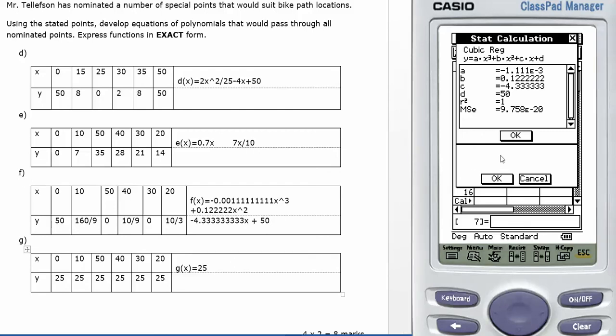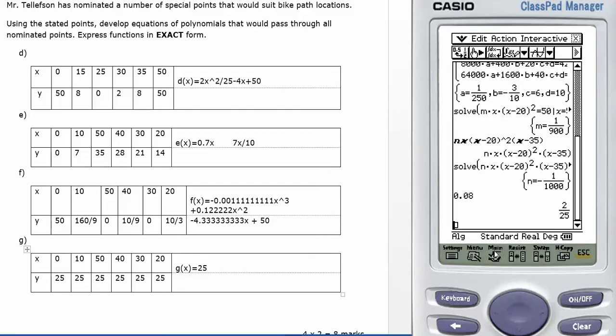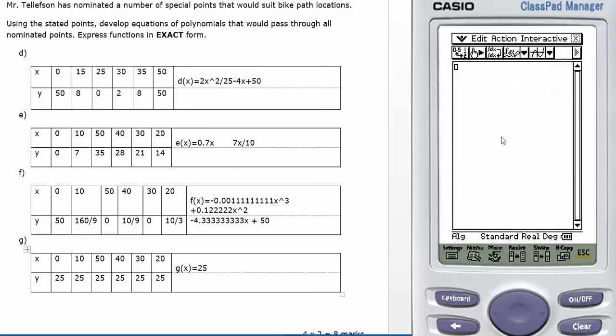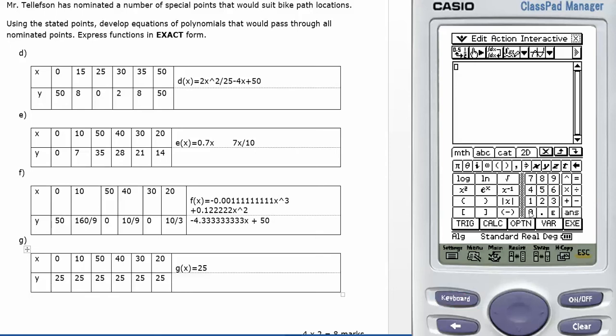So I'd like to jump back over here, and I'd like to go into main. And I can turn these into exact because they're repeating decimals. If I put negative 0.0011, that just puts that as 11 over 10,000, which is incorrect.